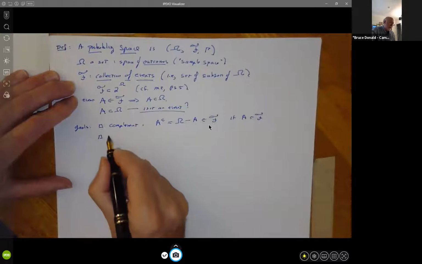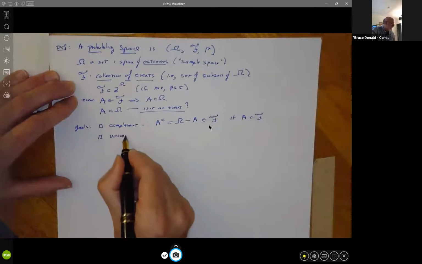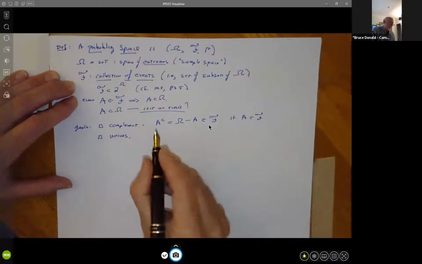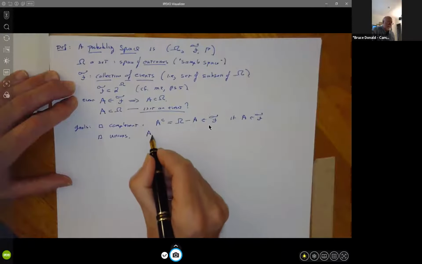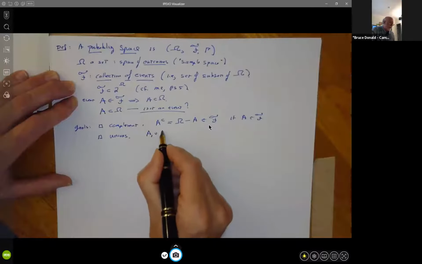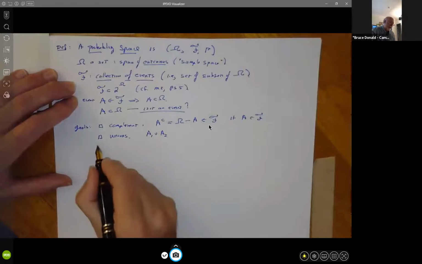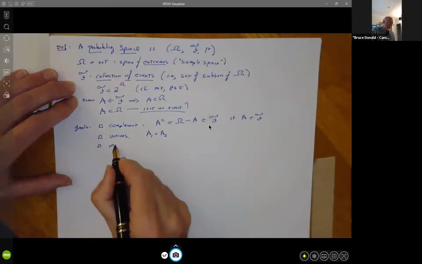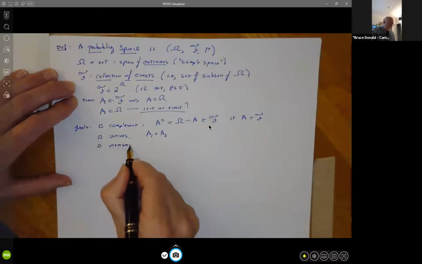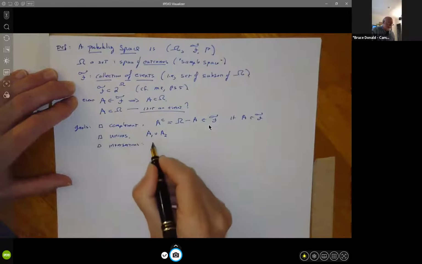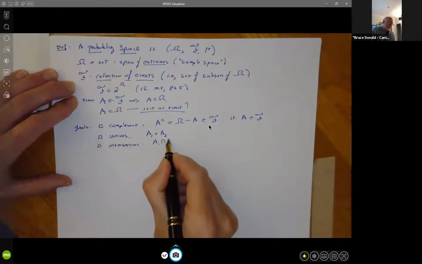And we have to be able to take unions of two or more events. So in other words, we want to be able to write down the union of event A1 and A2. And this happens whenever A1 or A2 happens. And we want to be able to take intersections, namely A1 intersect A2.